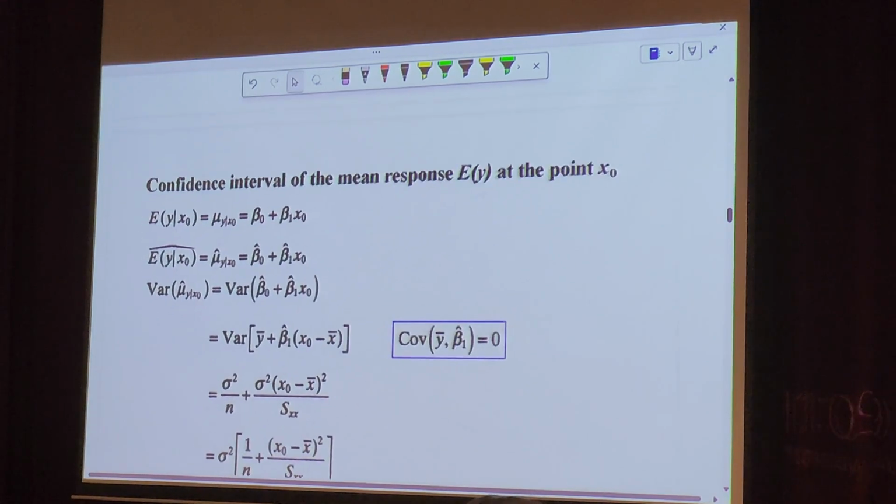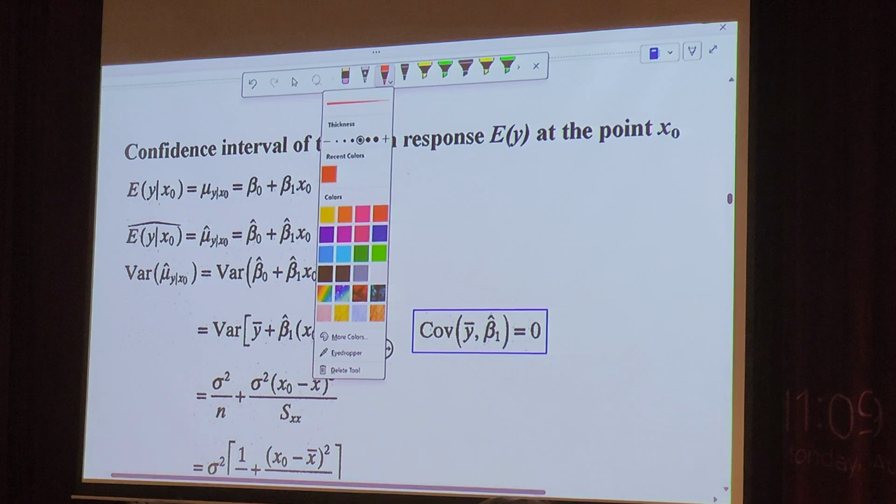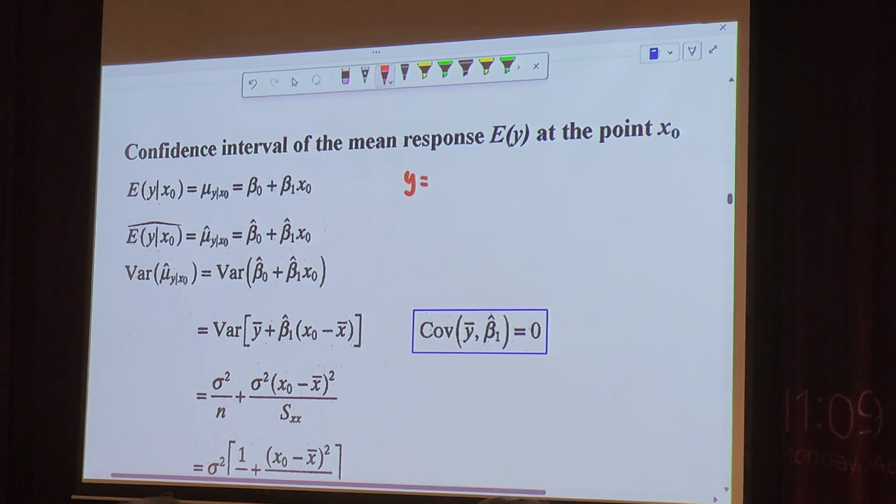So this is an important quantity that is of interest to practitioners. Let's see how we can do it. The equation is y naught equals beta naught plus beta 1 x naught plus epsilon naught.